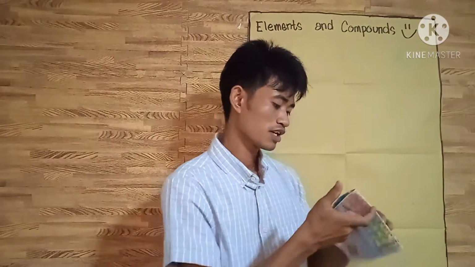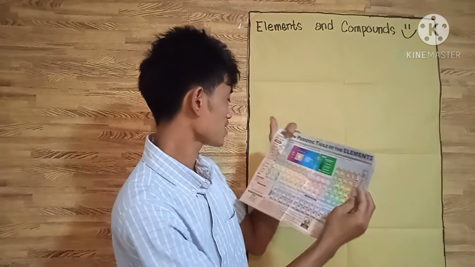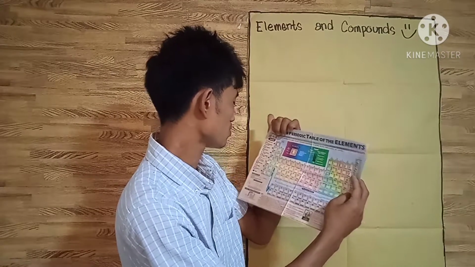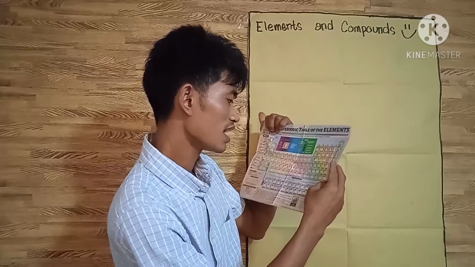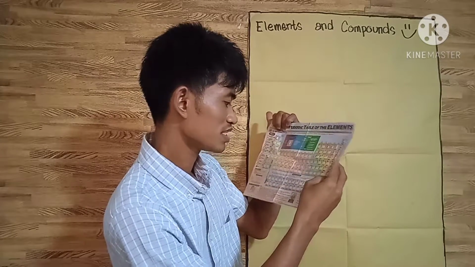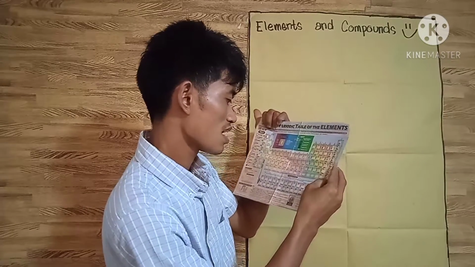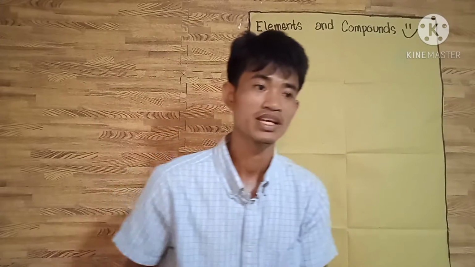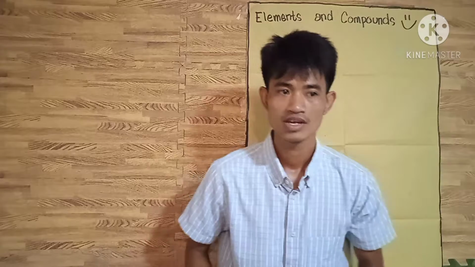The periodic table of elements is ordered by ascending atomic number. For example, hydrogen has only 1 proton, while the last element, oganesson, has 118 protons. The chemical elements are divided into the metals, the metalloids, and the non-metals.